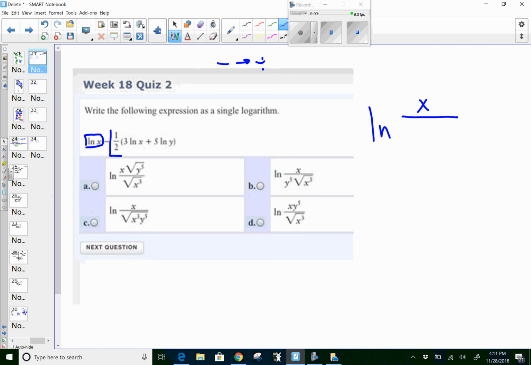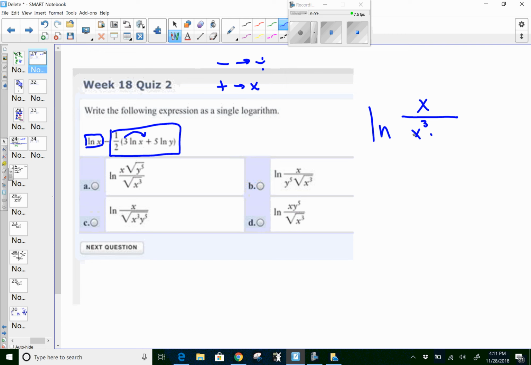This one right here is telling me that this whole thing is going to go on the bottom. So it's still going to be x, right? And this 3 gets kicked back. So it's going to be x to the 3rd power. And then addition, we talked about that on the last slide. Addition changes into multiplication.